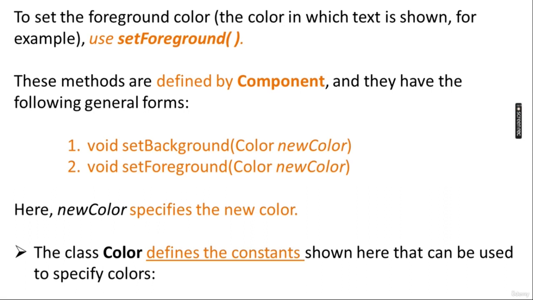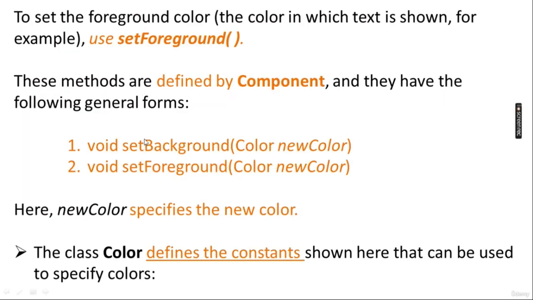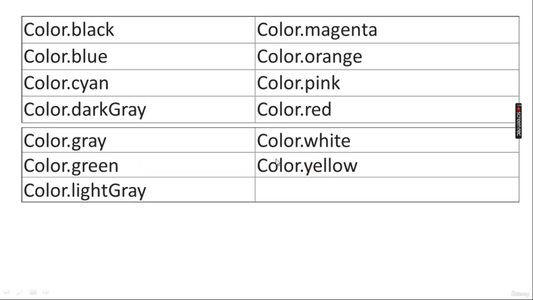The class Color defines constants shown here so that we can use them directly. Instead of giving a number, you can directly give it, as in setBackground with Color.red. Color.black, Color.blue, Color.cyan, Color.darkGray, Color.magenta, Color.orange, Color.pink, Color.red, Color.gray, Color.green, Color.lightGray, Color.white, Color.yellow.